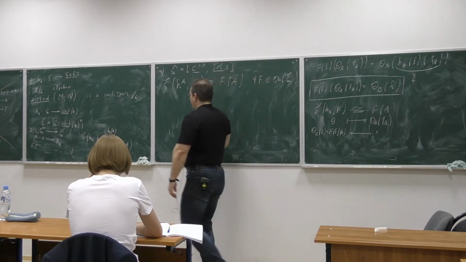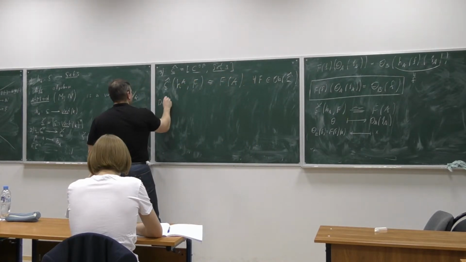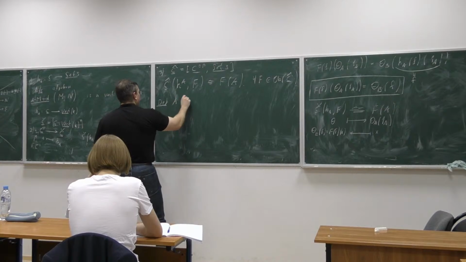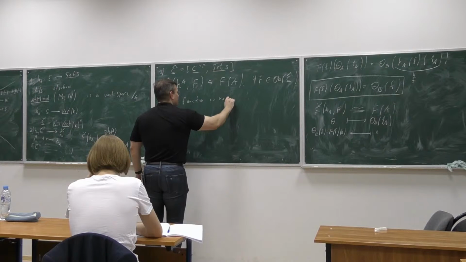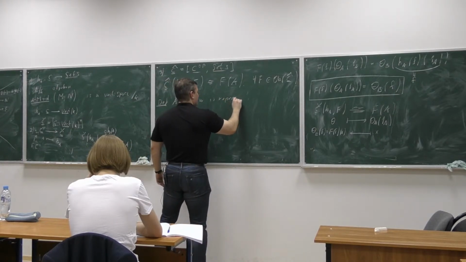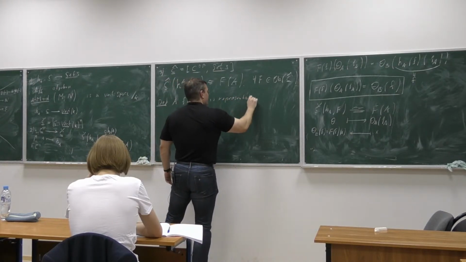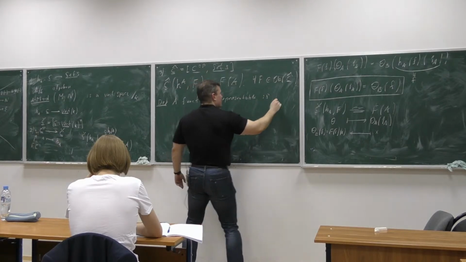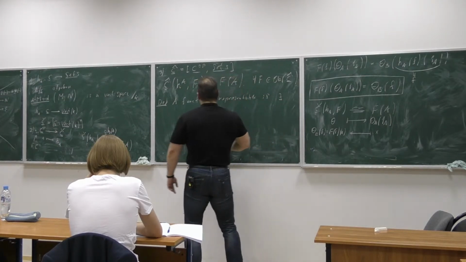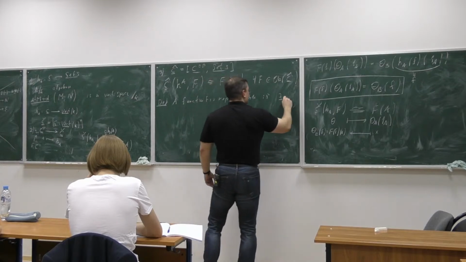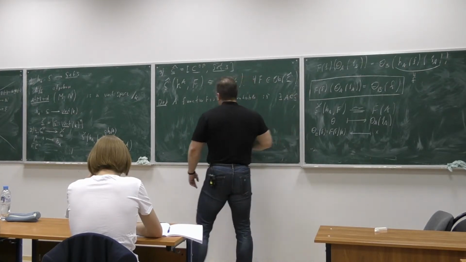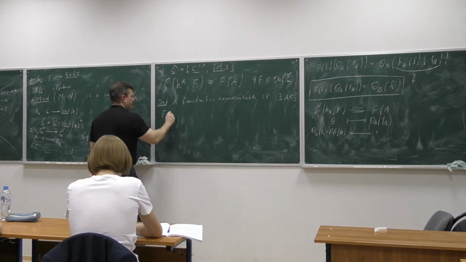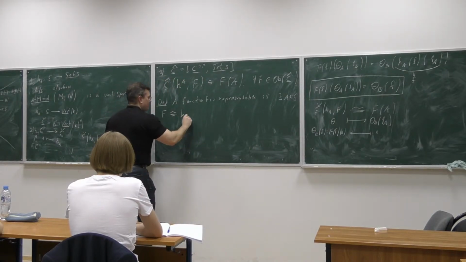Okay. And finally, definition. So a functor, say f, is representable if there is A in the category C such that f is isomorphic to the HA.